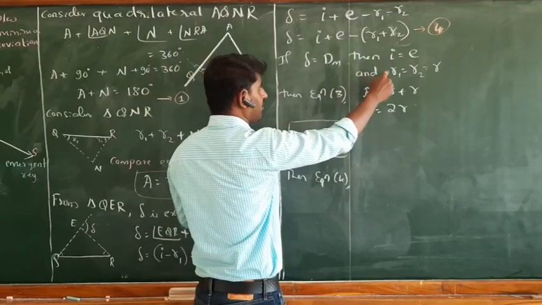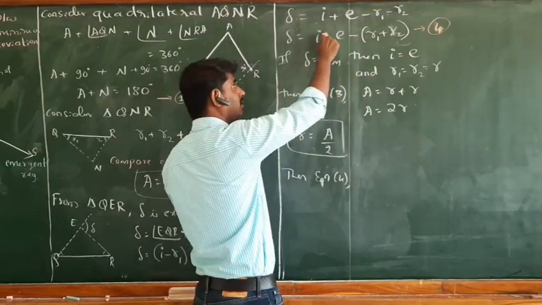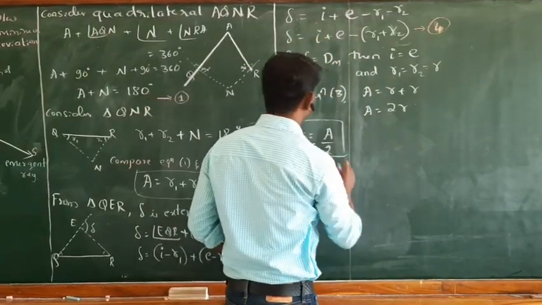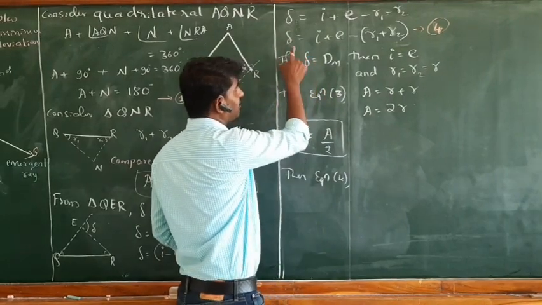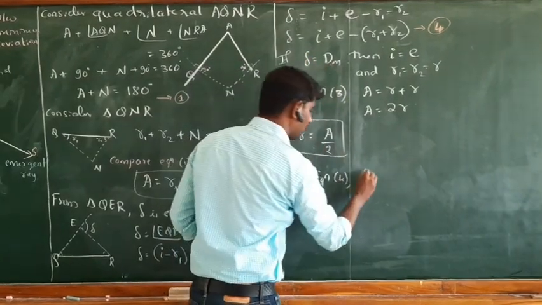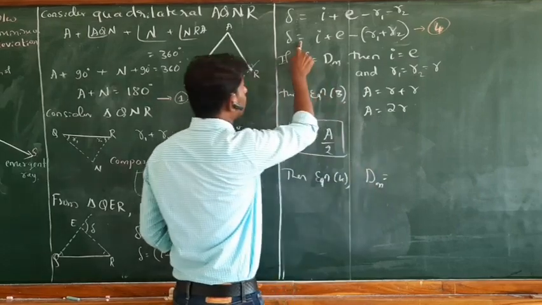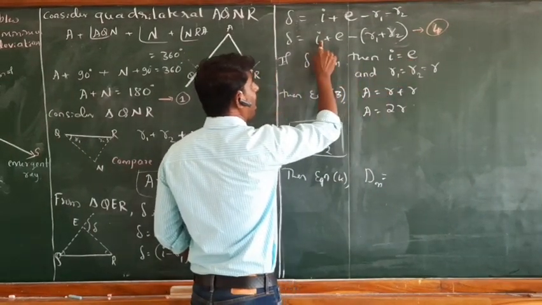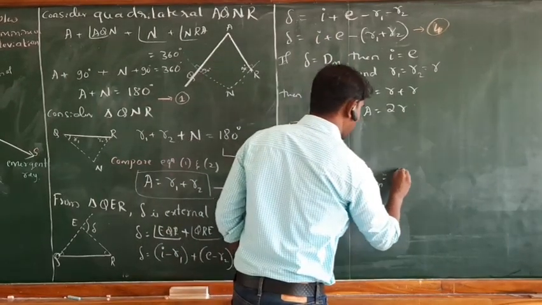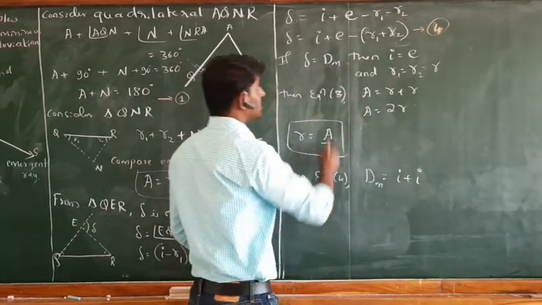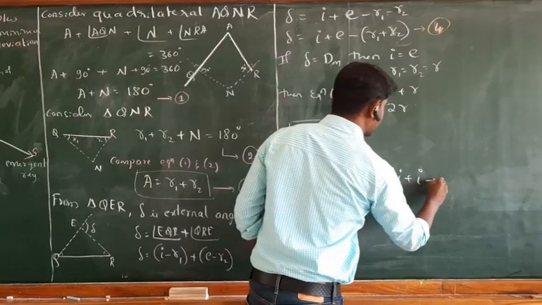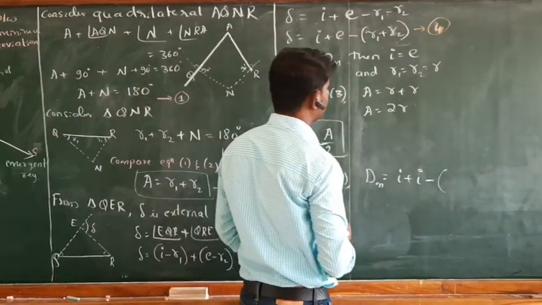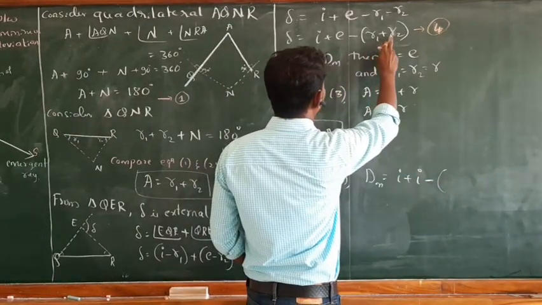Then one more equation, equation 4. This is the minimum condition, so instead of delta I write dm equal to I plus E. But both are equal, so I write I plus I, so the E value is also I, minus R1 plus R2.